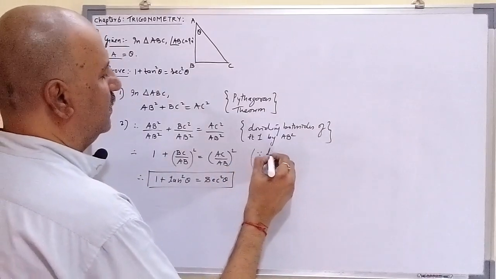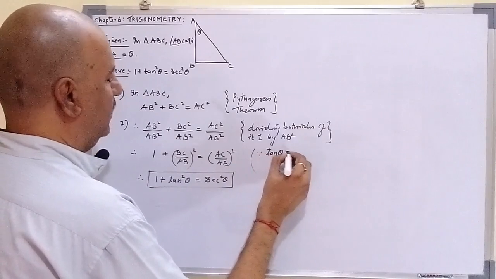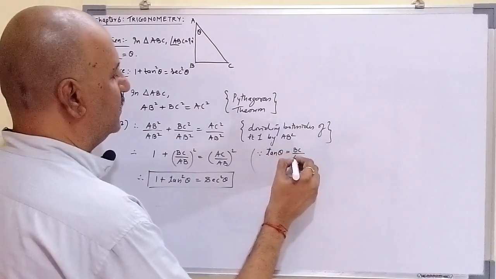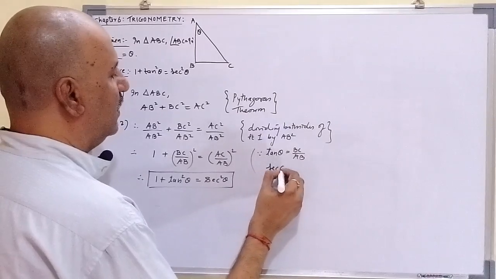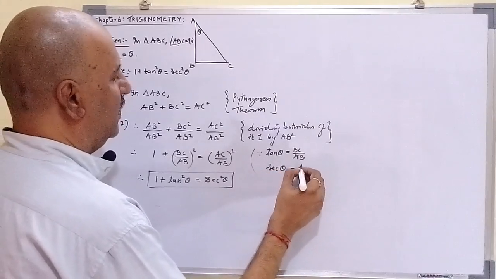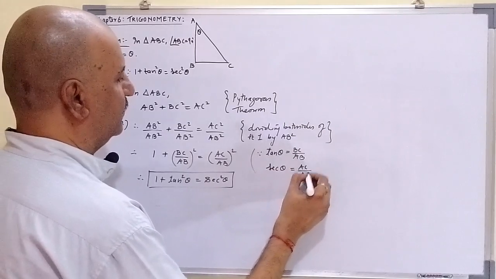Since tan theta is BC upon AB, opposite upon adjacent, and sec theta is hypotenuse upon adjacent.